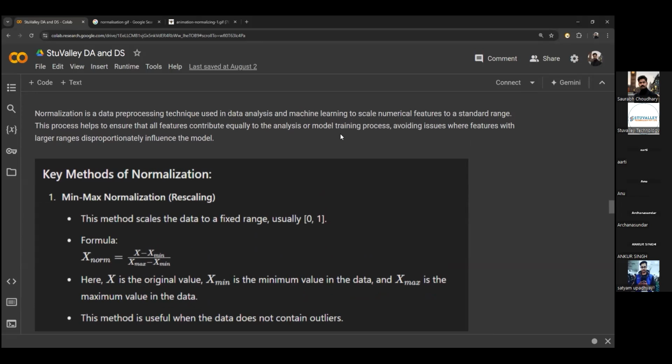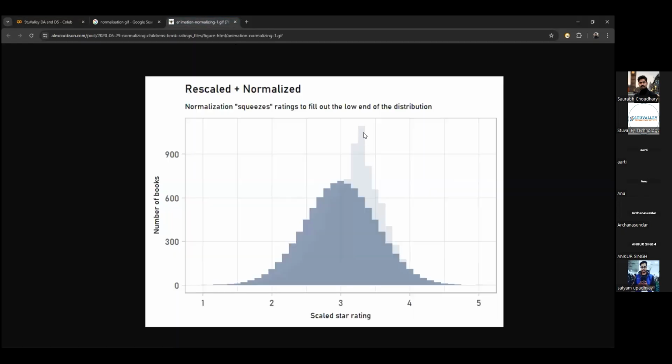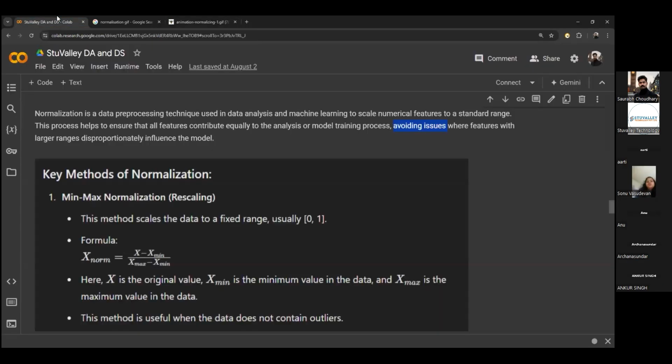One of the features should not be deciding our complete model, right? We have to avoid this kind of issue if any of the data is too tall or very small. So we have to put it in a way so that every data is showing some value, not only some part which is showing the value.